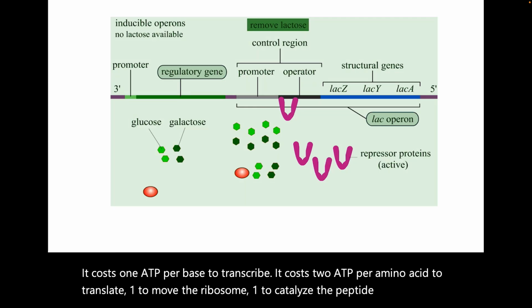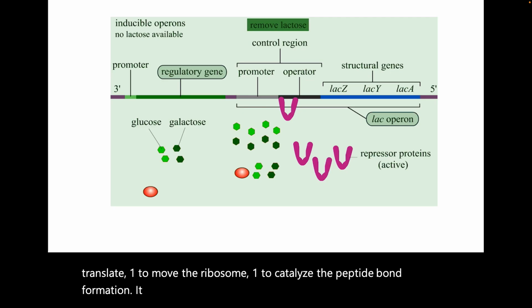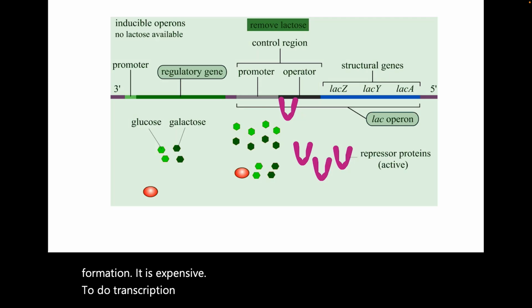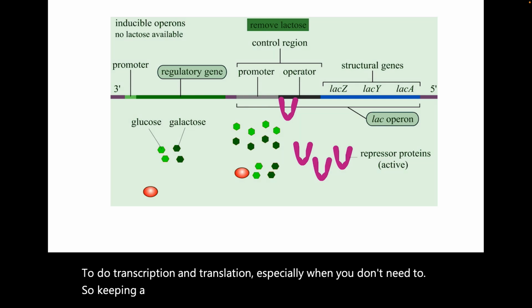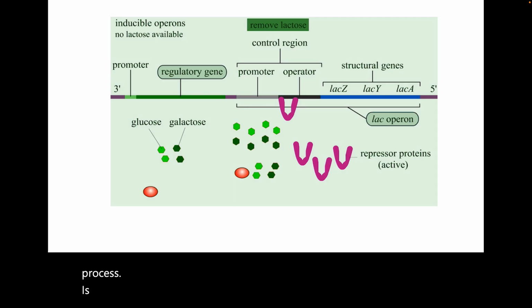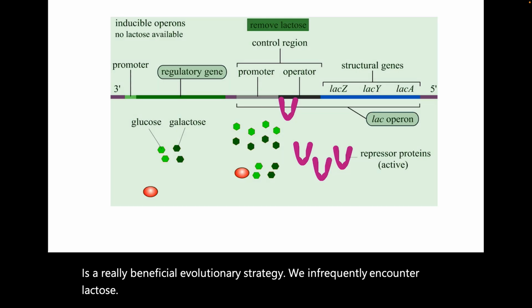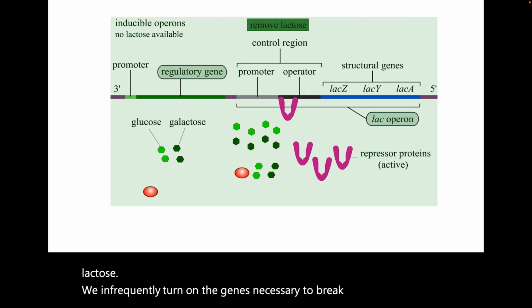It is expensive to do transcription and translation, especially when you don't need to. So keeping a gene off for a rarer metabolite you want to process is a really beneficial evolutionary strategy. We infrequently encounter lactose. We infrequently turn on the genes necessary to break that lactose down.